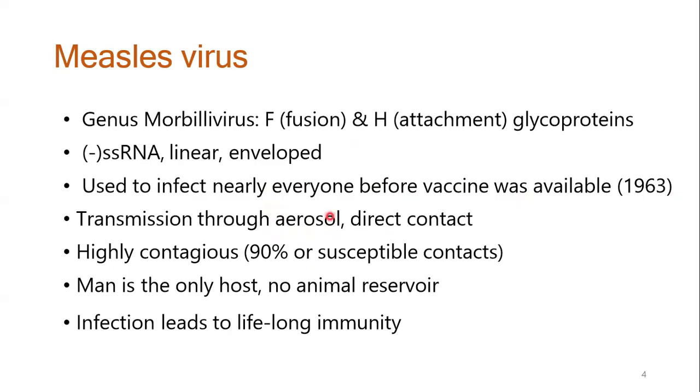Anything transmitted through aerosol is very contagious, because you can imagine I breathe, then maybe respiratory droplets drop on you. So it's very, very contagious. 90% of susceptible contacts. Man is the only host, no animal reservoir. Infection leads to lifelong immunity.